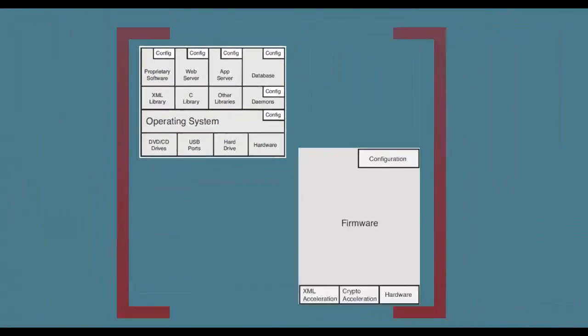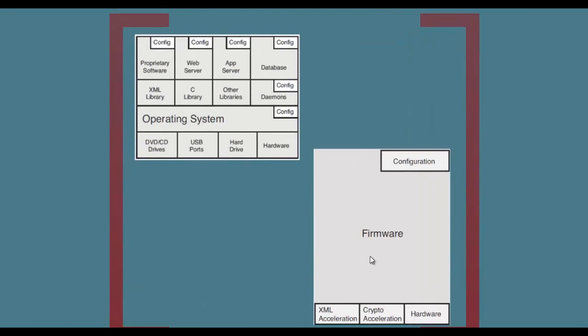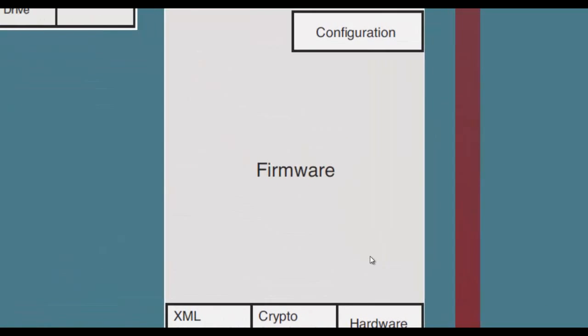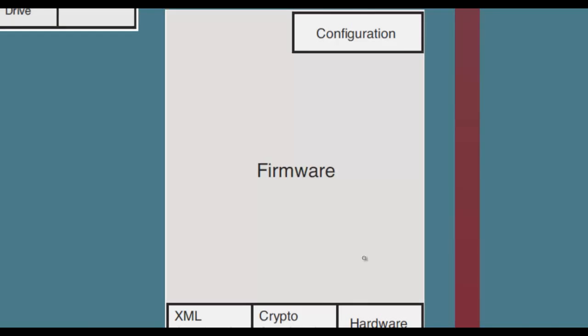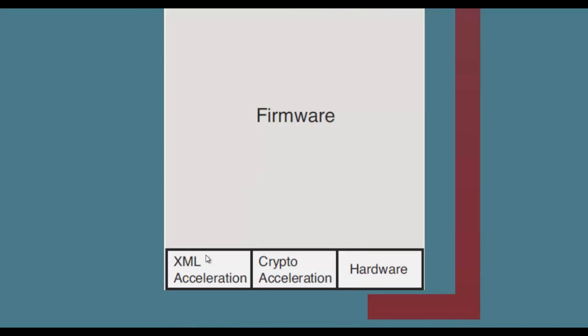Compared to that, if you look at what Datapower is, it's an appliance. So it has hardware with XML acceleration. It has basic hardware, yes, hardware exists for all. And apart from hardware, it has a couple of components like an XML acceleration engine, a crypto acceleration engine, etc. On top of that, there is no third party library.